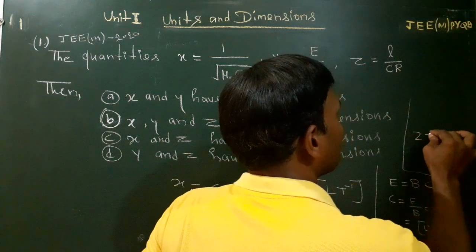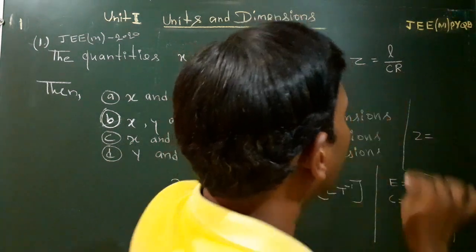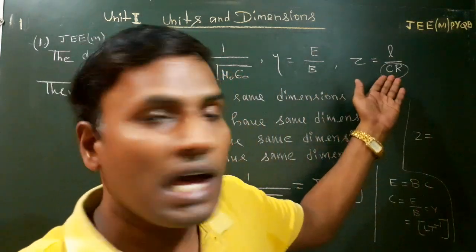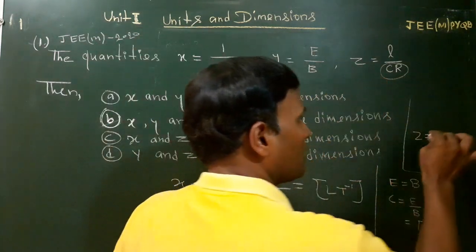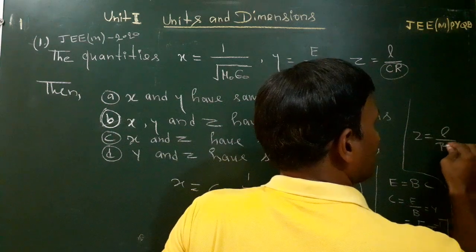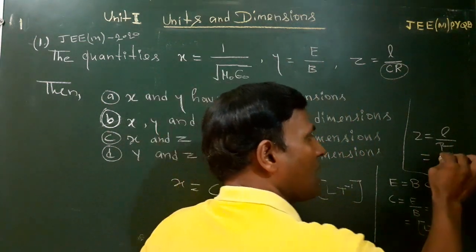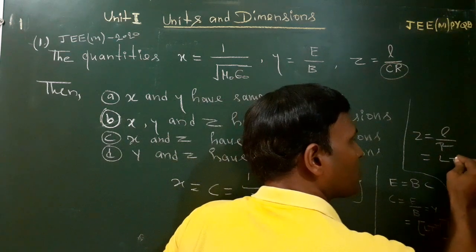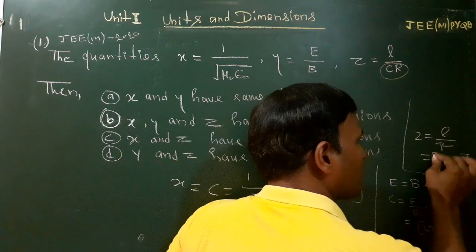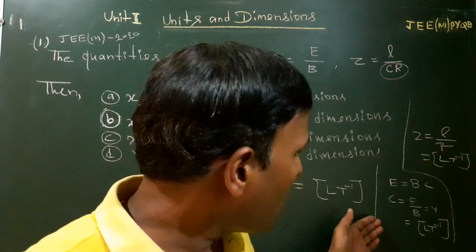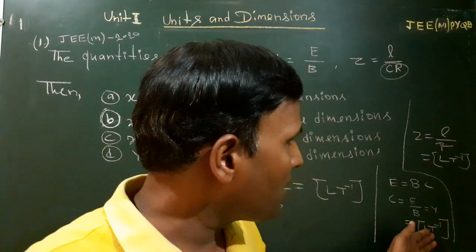Next, z is given as L upon CR. In an RC circuit we know CR is the time constant tau, so we can write L by tau, and this is equivalent to length over time, so we can write L T minus 1 again. So x has dimension L T minus 1, y has dimension L T minus 1, and z has dimension L T minus 1.